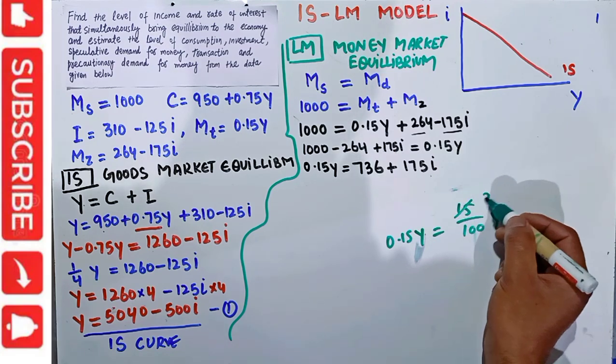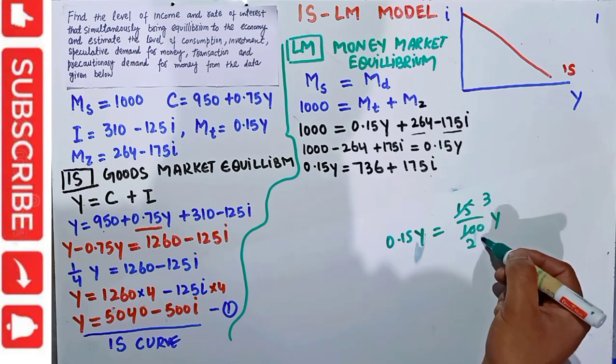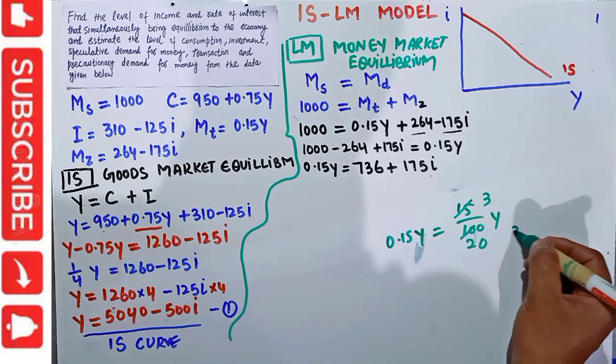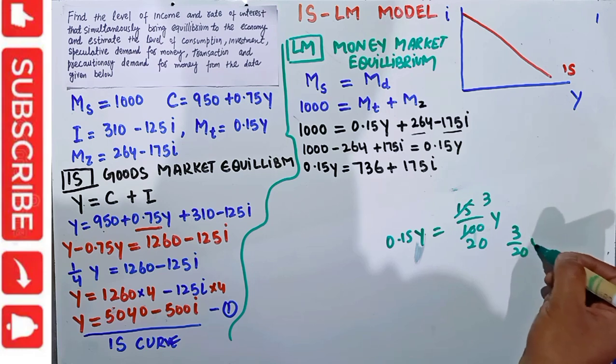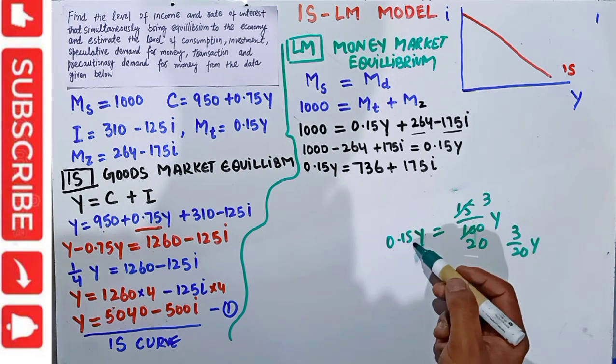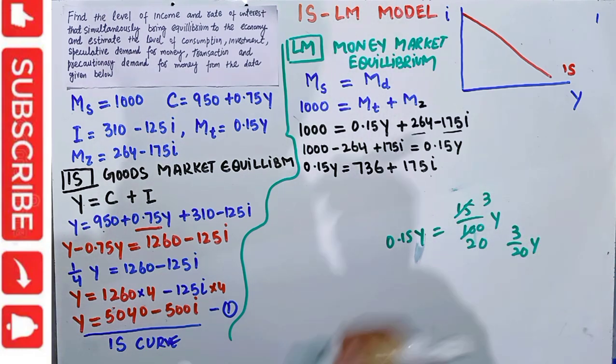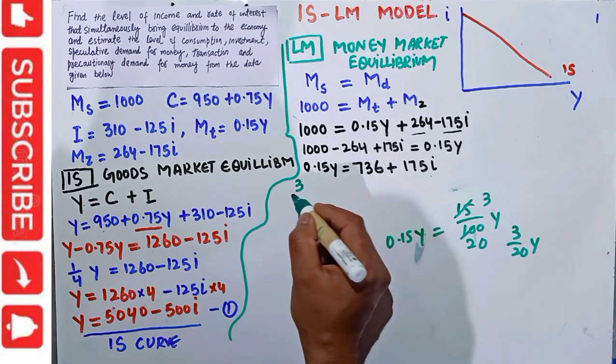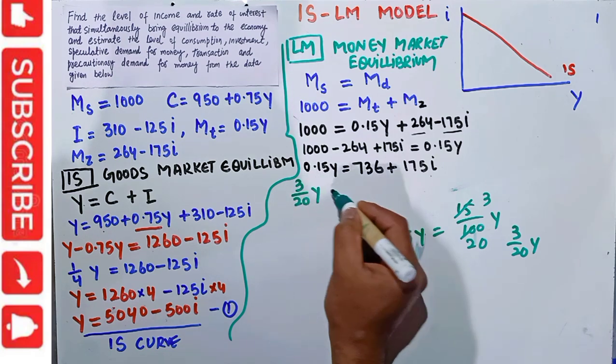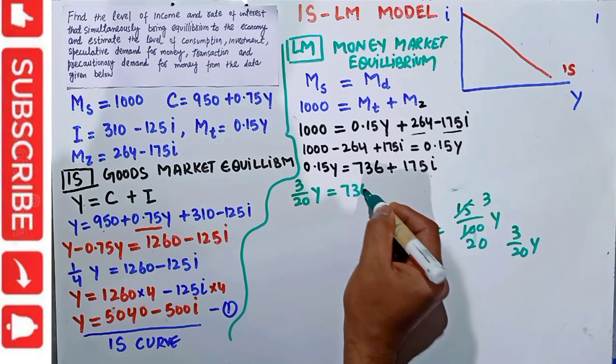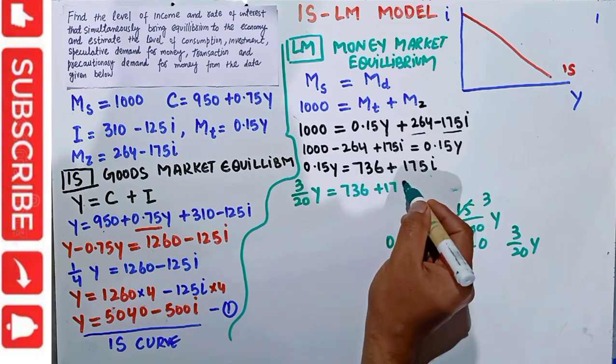So this is 5 3s are 15, 5 2s are 10, 5 zeros are 0. So we will get 3 upon 20 y. So in place of 0.15y, I can write 3 upon 20 y. Let me write it here. 3 upon 20 y is equal to 736 plus 175i.